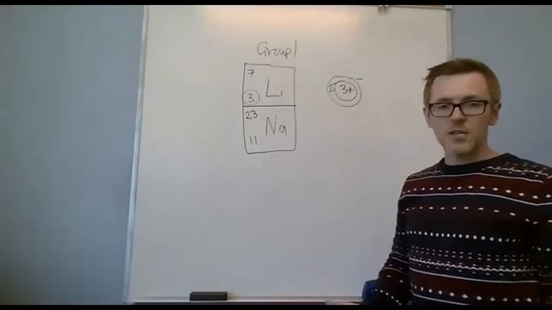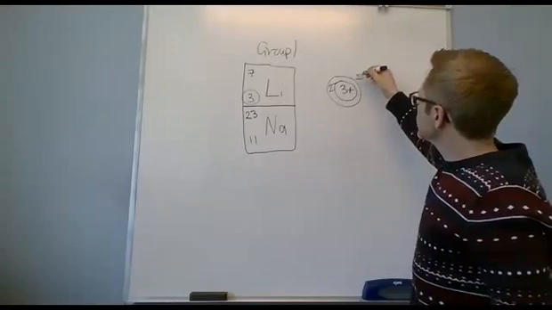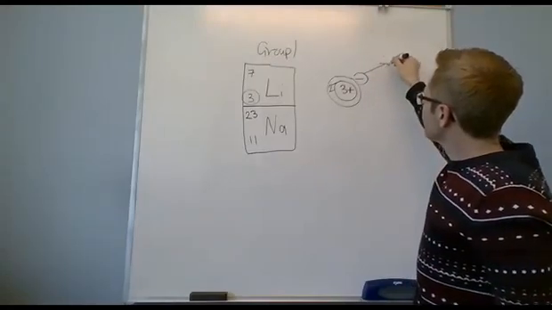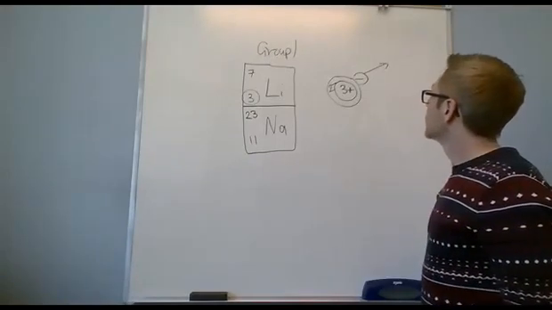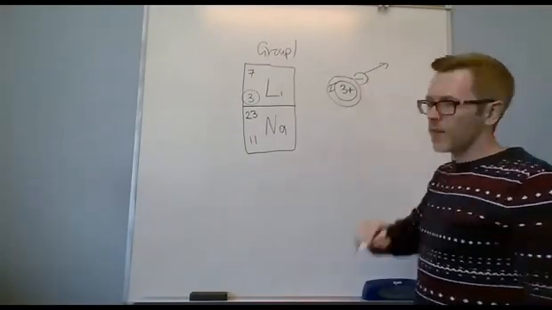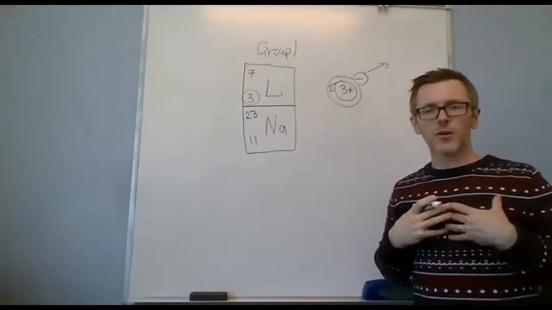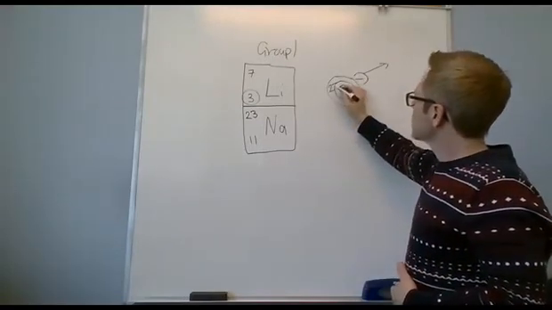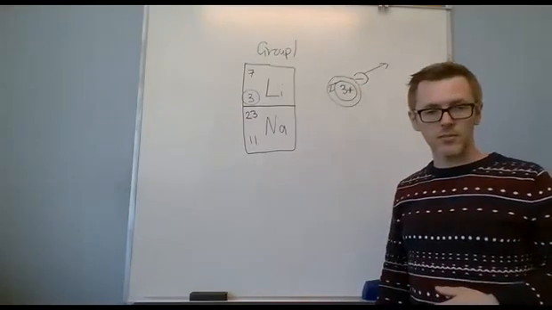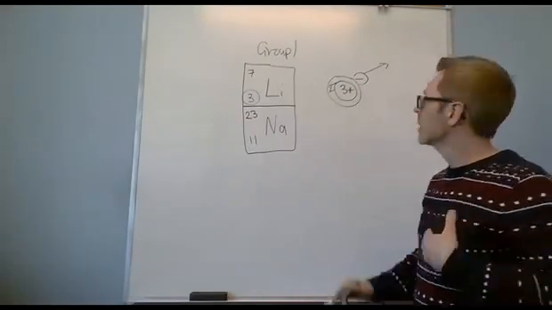Now, the ionization energy is the energy needed to pull this one away, to rip this away. So who am I fighting against? If I'm trying to take that electron away, who am I fighting against? Well, that electron is being repelled by the core electrons. That's good news for me.